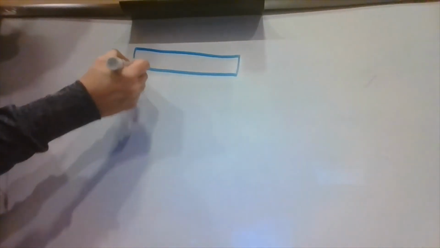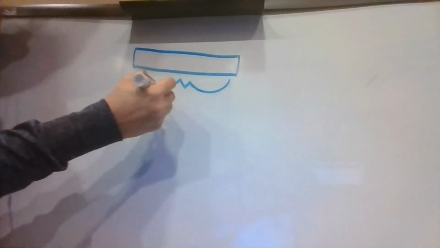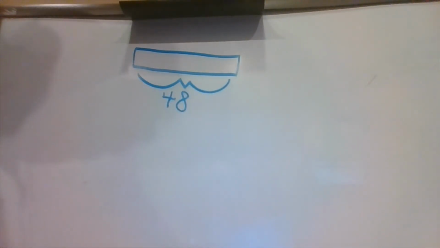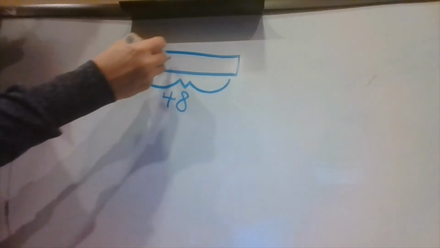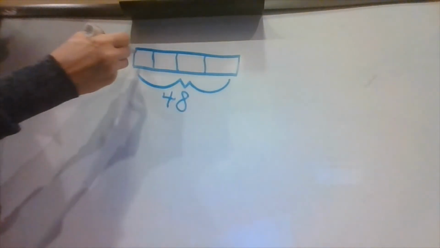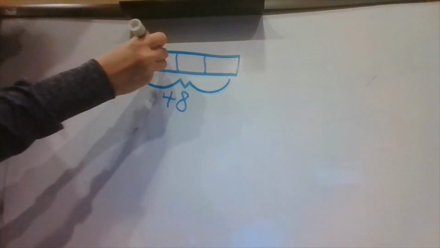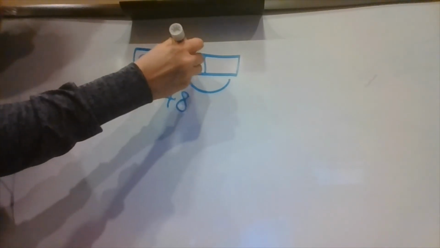There's a total of 48 students going on the trip. That's the whole, and we know that they're being split into fourths. 1/4 are girls and the rest are boys, so boys are the 3/4.